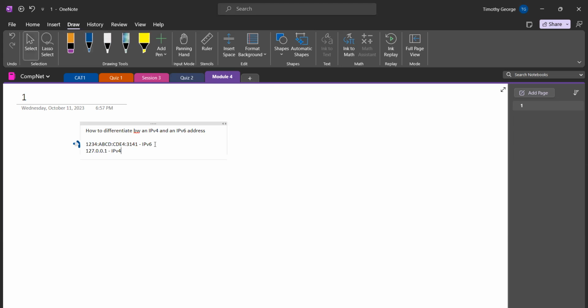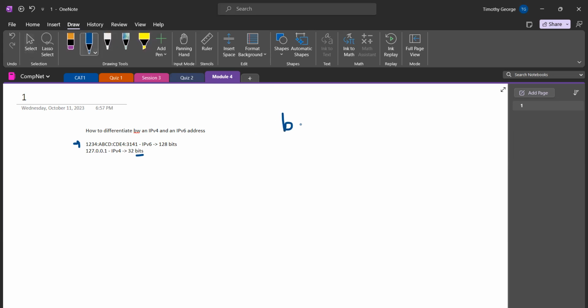The important thing to note is IPv6 means you're given 128 bits of space to write the address, and IPv4, you're given 32 bits of space to fill in your address. Another thing you have to remember is these bits. Let me write it here.